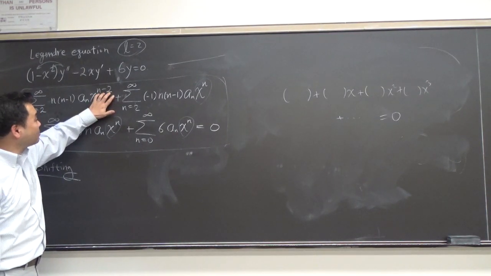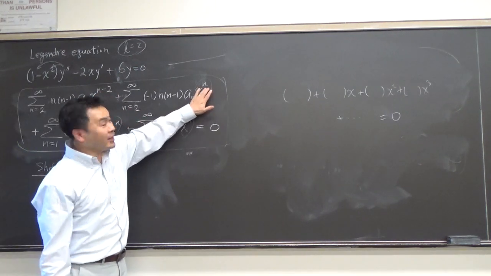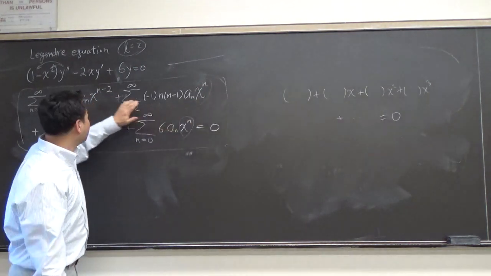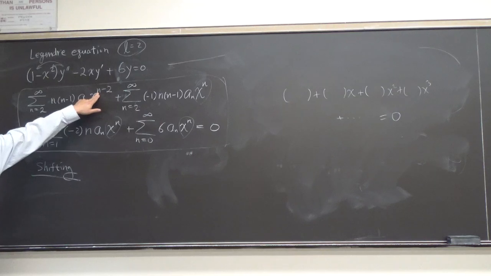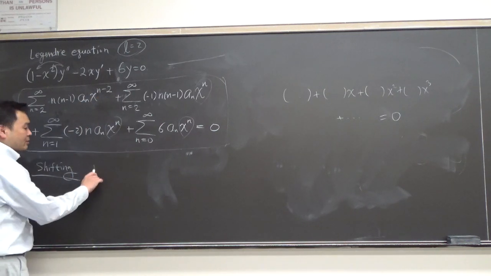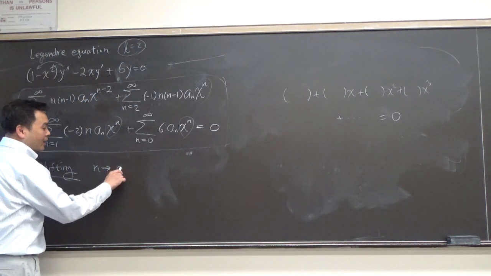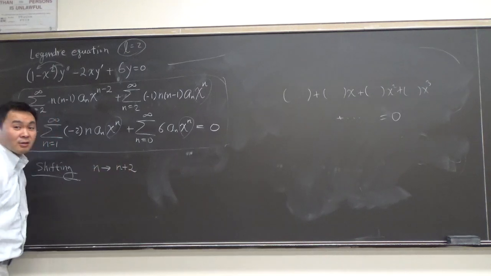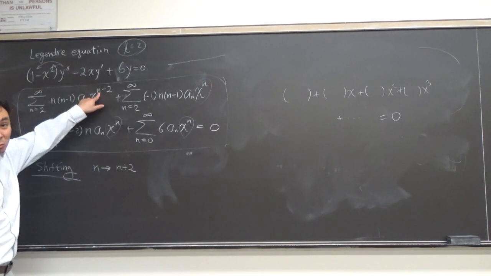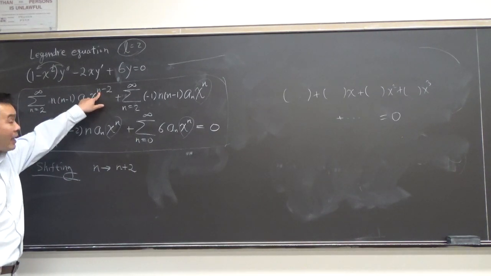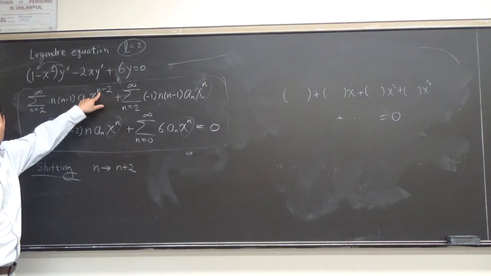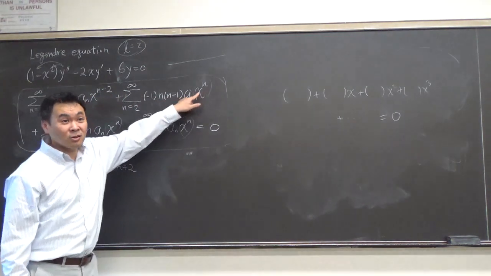You want this n minus 2 to be n, and you replace n by n plus an integer, or n minus an integer, so that they're equal. If you replace n by n plus 2, then what's n plus 2 minus 2? It's just n, right? So that's what we want.